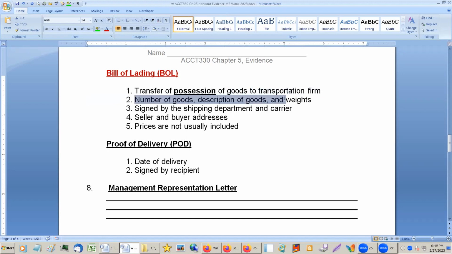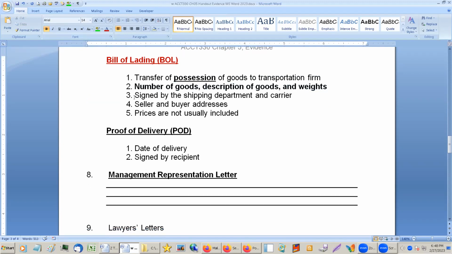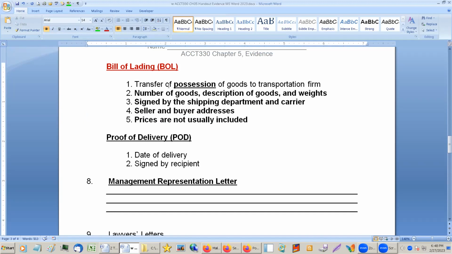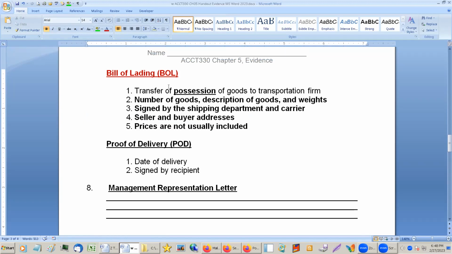Everybody must agree on the goods, what they were, signed by both parties. It has the seller and buyer addresses on it. Prices are usually not included. There's no reason to. There's no agreement on the price between the shipper and the seller.